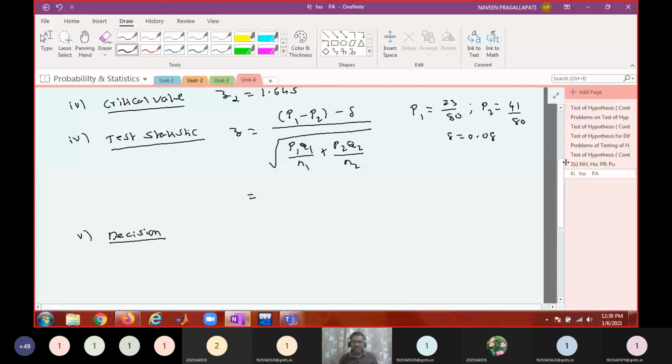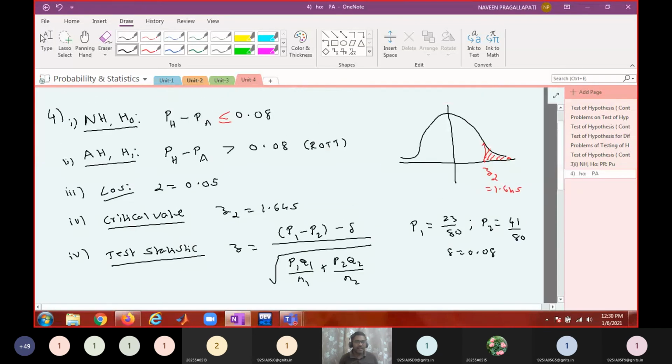Sorry, P1 P2? What is this? It has to be PH minus PA, right? This was a notational mistake. PH is homeopathy and this is PA. If you don't use the correct notations, it will be confusing.